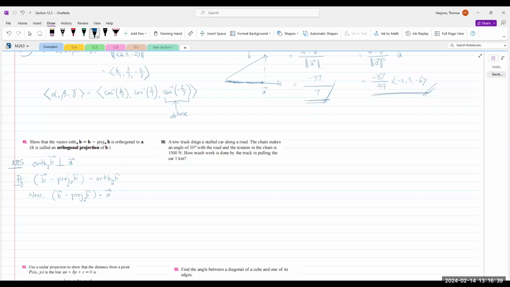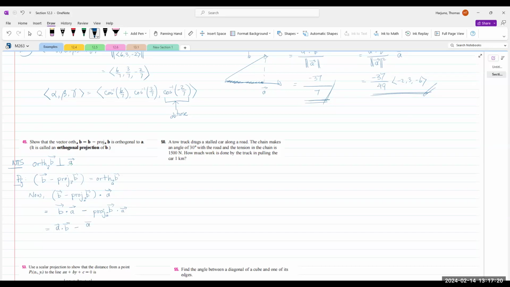Okay, this is B dot A. Remember the distribution property, minus projection of B onto A dot A. Is it right? And then this is equal to A dot B by commutative property, minus what is the projection of B onto A?